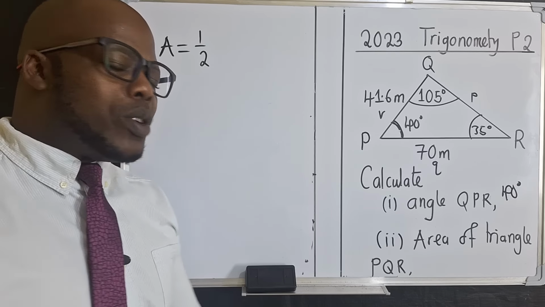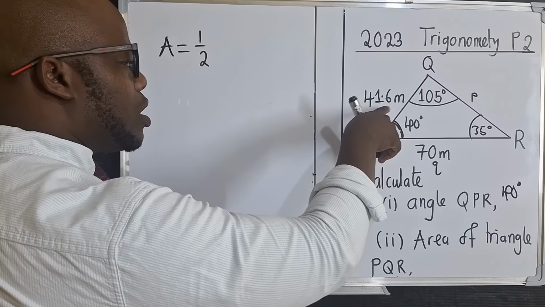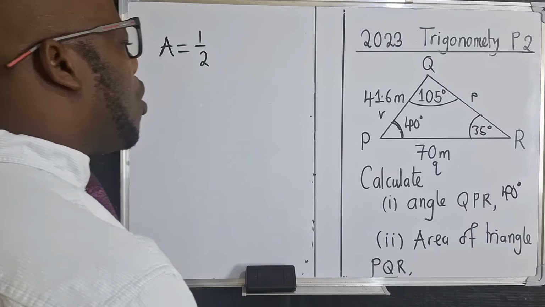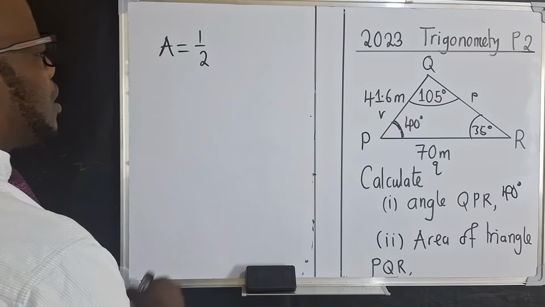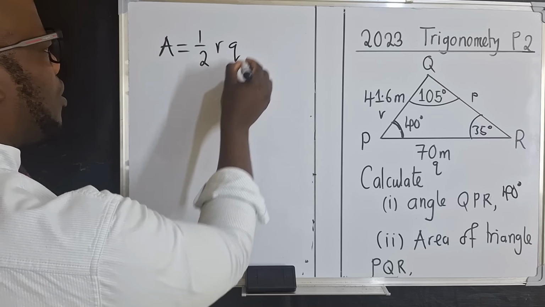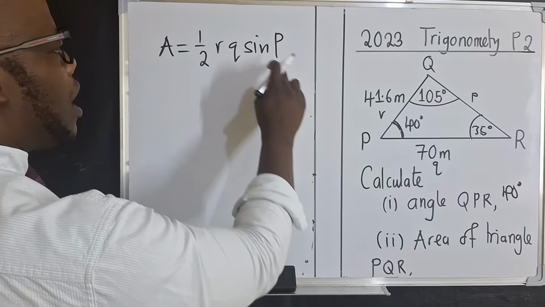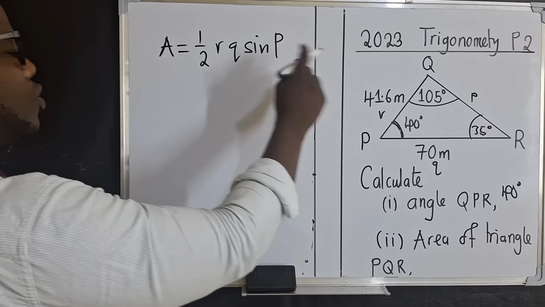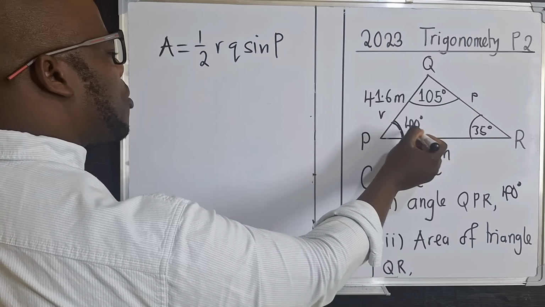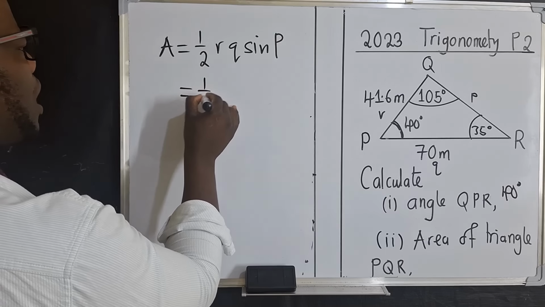When I say an angle which is included, you see, this angle right here is included because we've got this side and this side. So pick angle P, which is 40 degrees. So these other sides, I'll get the small letters, and then I'll say sine capital P. I picked P as my angle to be right here. So for as long as I pick P, meaning I'll get the sides which are forming angle P, and that's the 40 degrees.